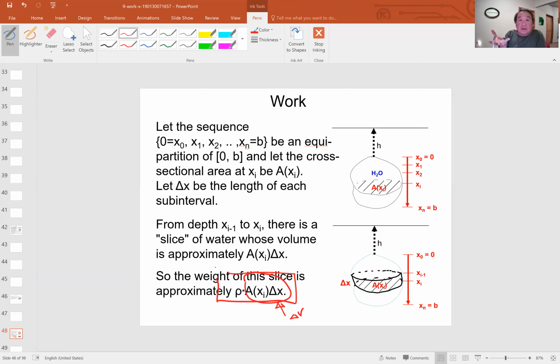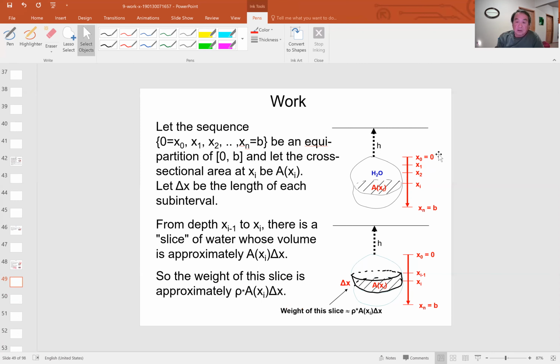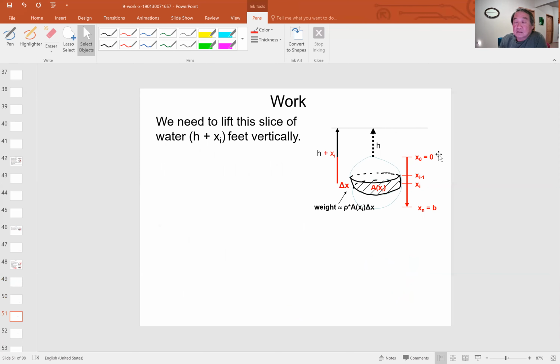And I'm going to take that and lift it all the way up. How far does it have to go? It has to go the distance from x_i all the way up there. How much is that? That's h plus x_i. So again, the weight of that slice is that formula, and the distance it will travel is that much.